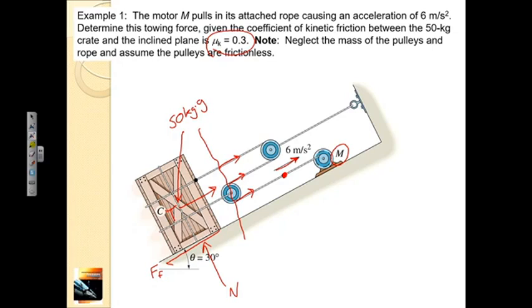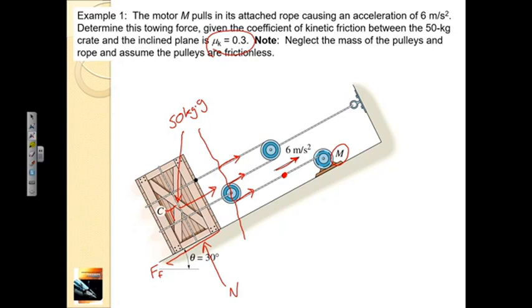How is the acceleration in that plane? Well, we've got to relate that to the rope. So we know the rope is being eaten up. L double dot, the change in my rope length, is equal to 6 meters per second squared.